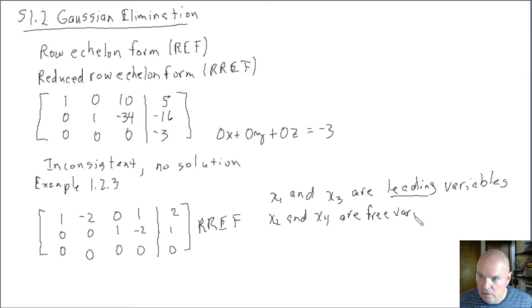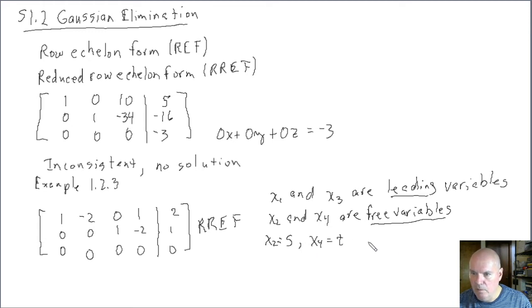I think the textbook calls them parameters also. This set of equations is consistent. Again, we don't have an inconsistency here. We have 0 equals 0. What we can do for the free variables is arbitrarily assign them parameters. So I'm going to let x2 equal s and x4 be t. This follows the convention in the textbook where he lets the free parameters be s, t, u, v, w, and so on.